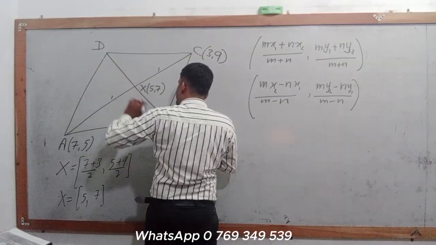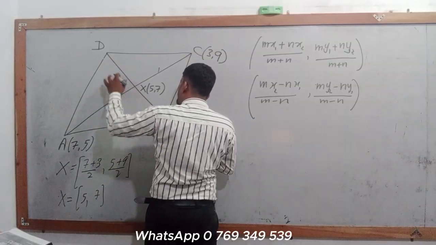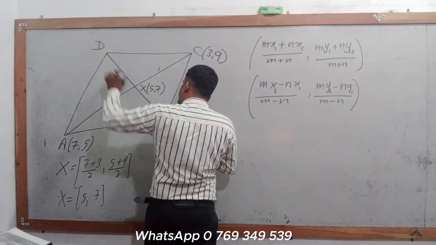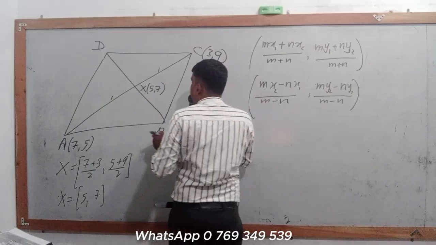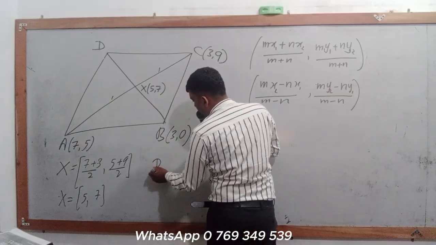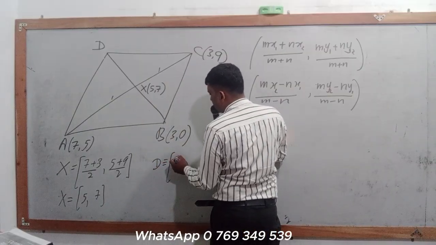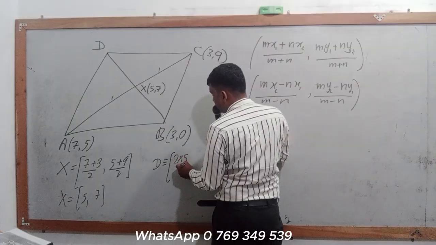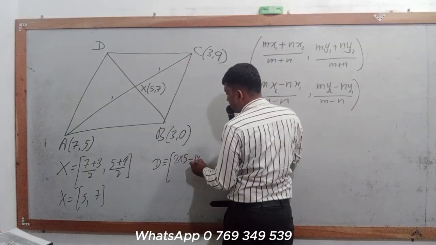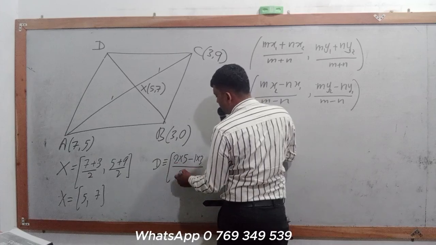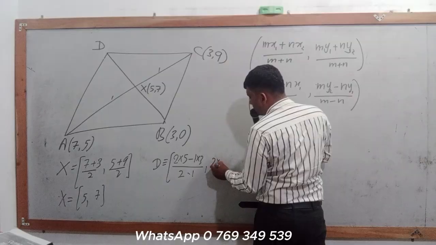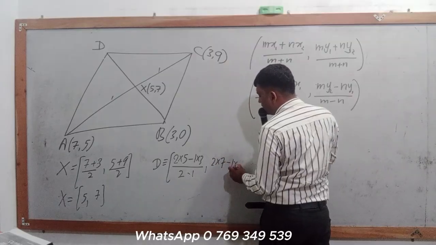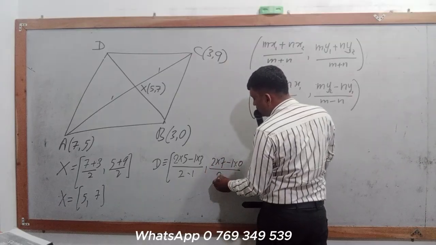This one 2 and here 1. 2 and 1. Therefore, we can take that this is the 2 and here 1. D is like that. 2 times 5 minus 1 times 3, divide 2 minus 1. 2 times 7 minus 1 times 0, divide 2 minus 1.